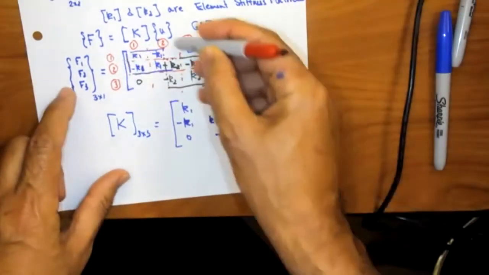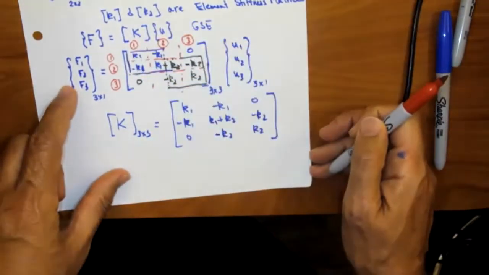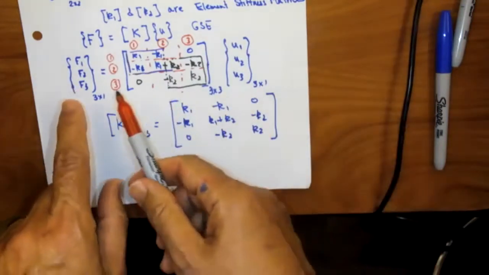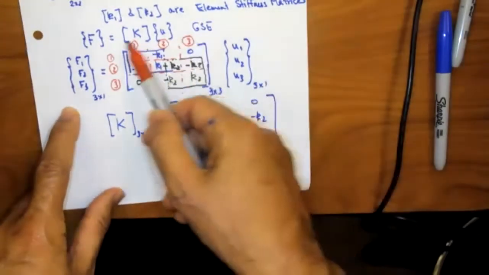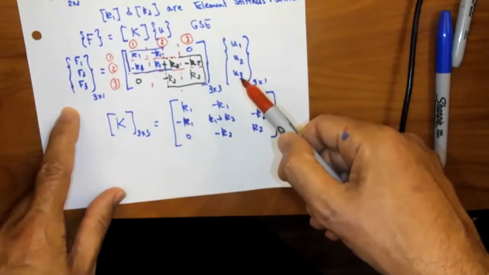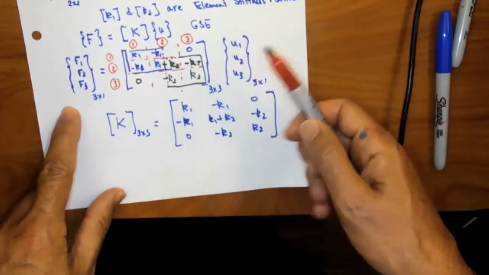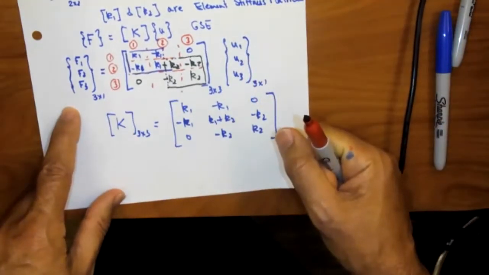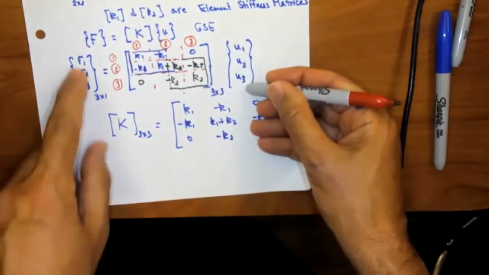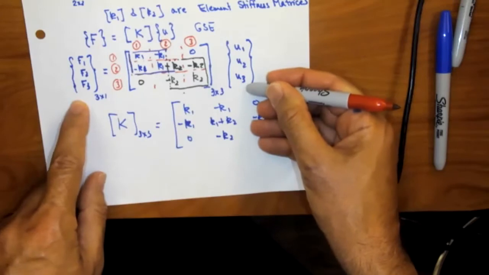Once I put together my global stiffness matrix, I can use the global stiffness equations and apply the boundary conditions to solve for the unknowns. Once we solve for the unknowns, these could be displacements and could be external forces.